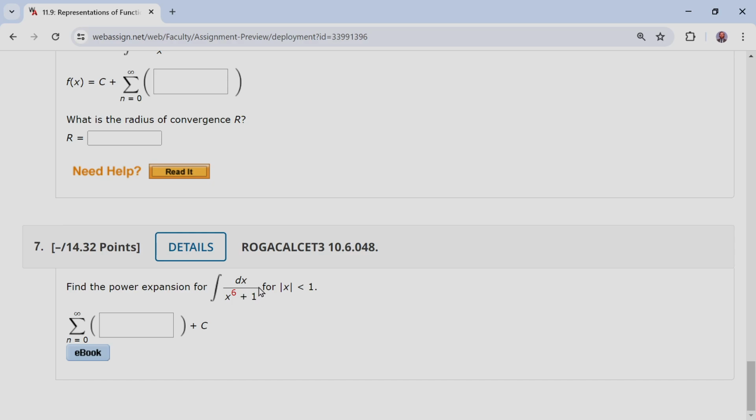So you have minus 1 to the n, x to the 6n, and then you integrate that term by term. Once you have an expression for the power series, integrating term by term is just taking that symbolic form in the summation and integrating it, which is one of the reasons why we like power series, because once you have this expression written in sigma notation, integrating is about as straightforward as you could possibly imagine.